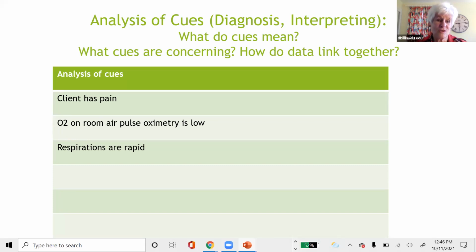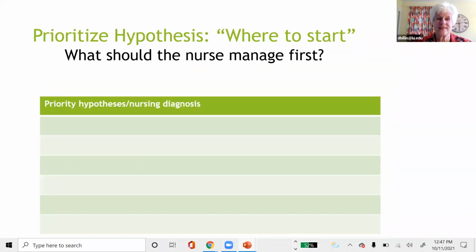Sometimes when the student talks about their thoughts, they may have picked up something that you didn't, and that would work too. But here it's pretty clear that these are the cues and how you came up with those issues. Okay, and then the hypothesis.